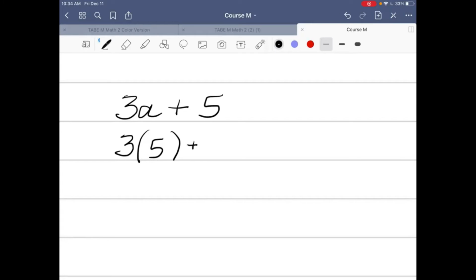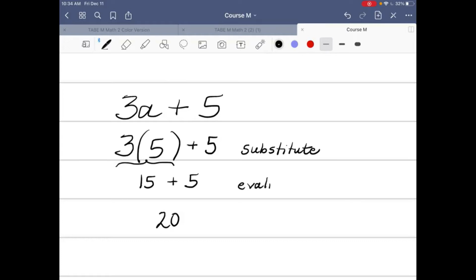So 3a plus 5 is going to be 3 times 5 is 15, plus 5 is 20. So here's the substituting part. And then here's the evaluating part.